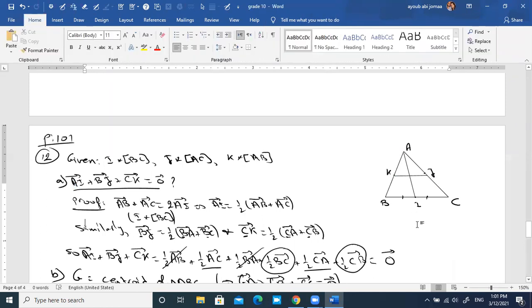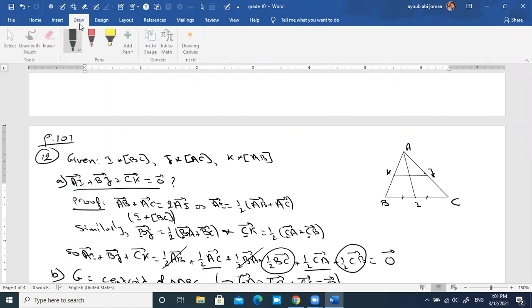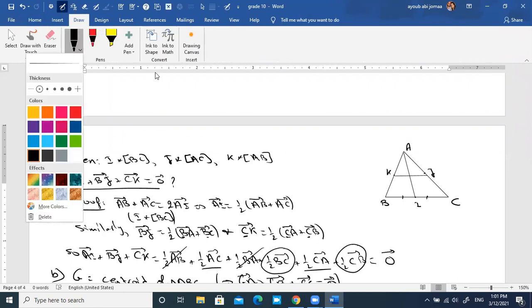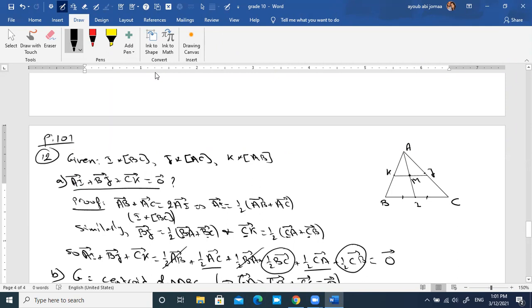Fine, forgive us. Here is point M. Intersection between JK and AI. Don't forget that midpoints. Required to find what is M with respect to AI. What is M with respect to AI? May I tell you? Yes, sure.